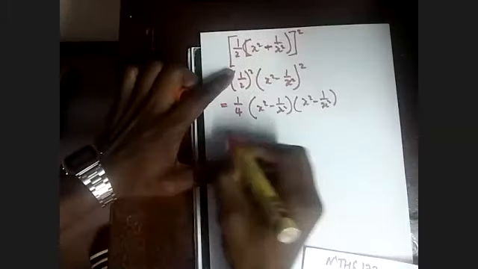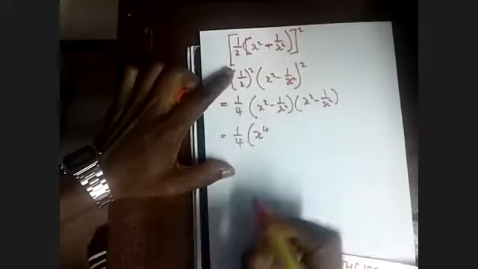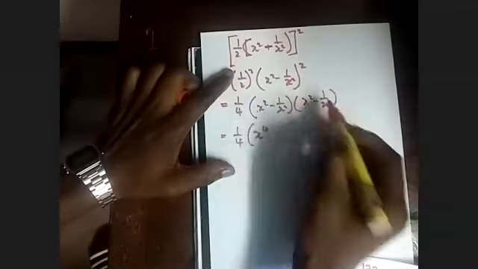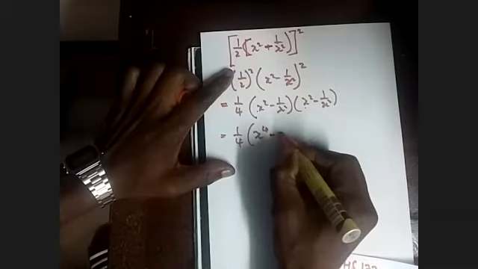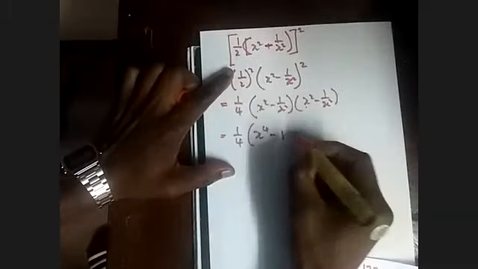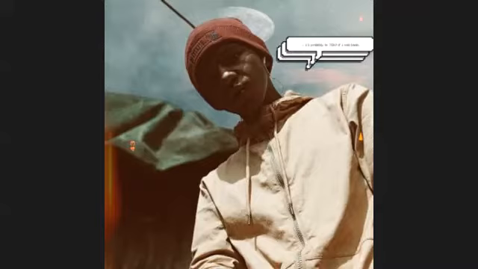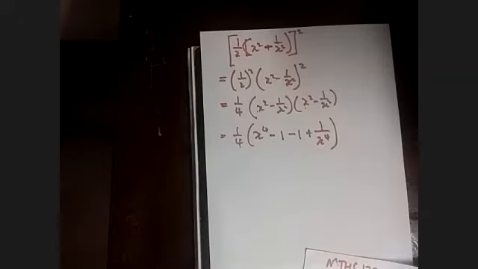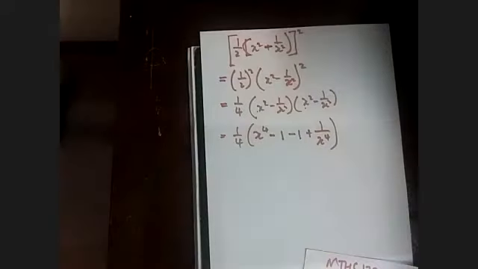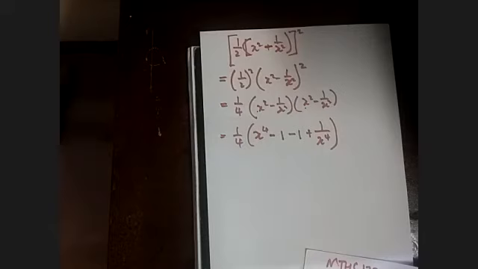Let me just make it a bit longer so that we can all understand. So I'm gonna have x to the 4th, this times this times that is gonna be -1, this times that is gonna be -1, this times that is going to be plus 1 over x to the 4. So that's what you're gonna have, guys.